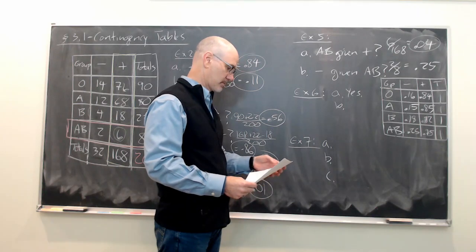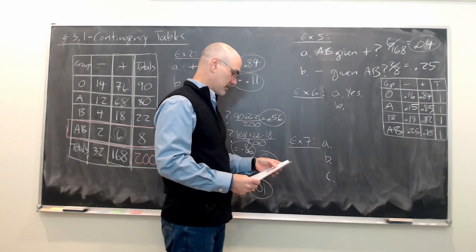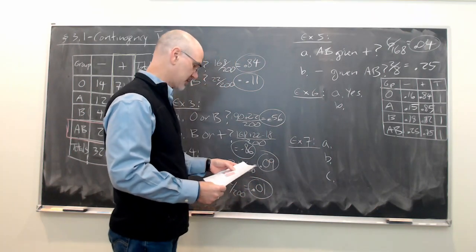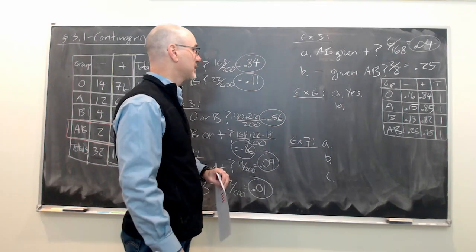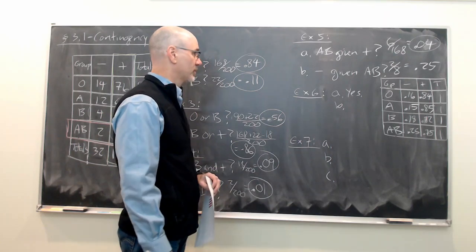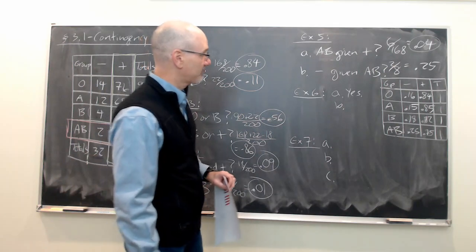All right. What about question B? Which blood type is most likely to have the Rh antigen? In other words, which blood type is most likely to be positive?